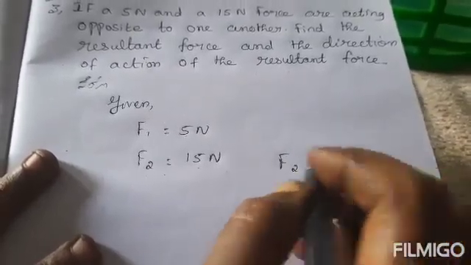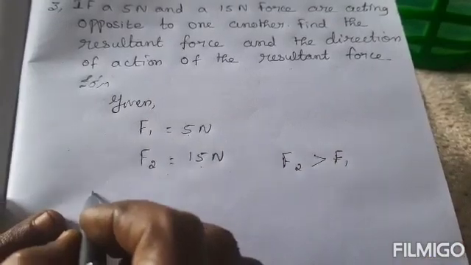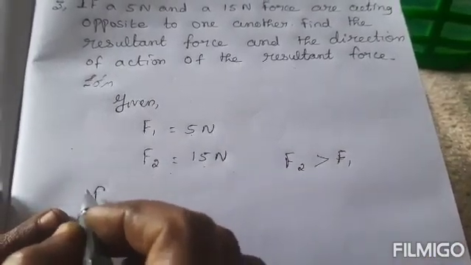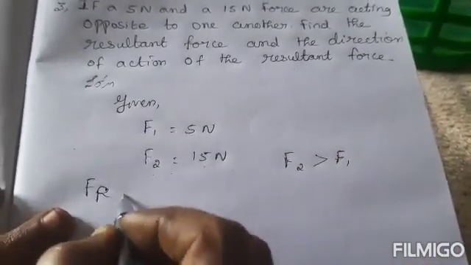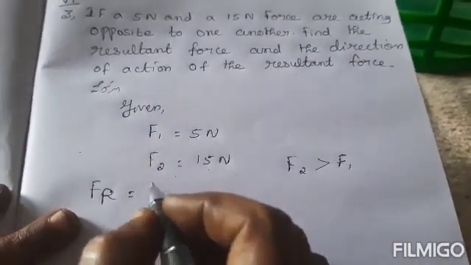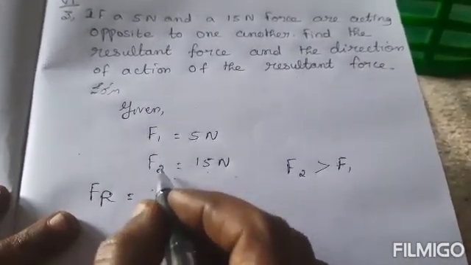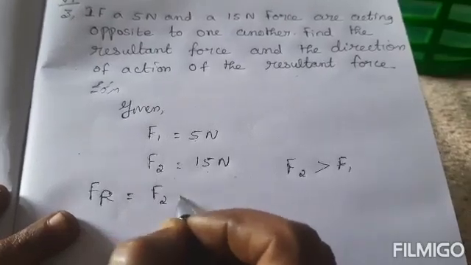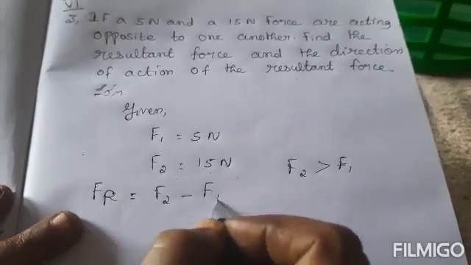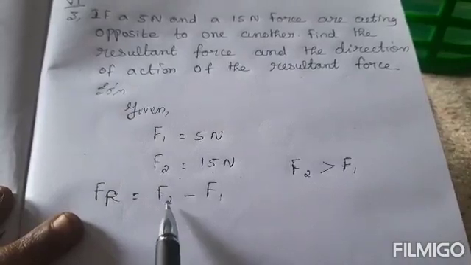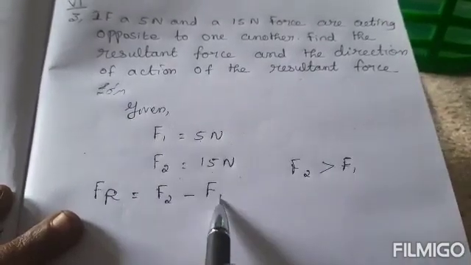Now what is the formula? You have learned already. F resultant equal to, what is the formula? First you have to write F2 minus F1. Can you understand this formula? F2 minus F1. Why F2 minus F1?